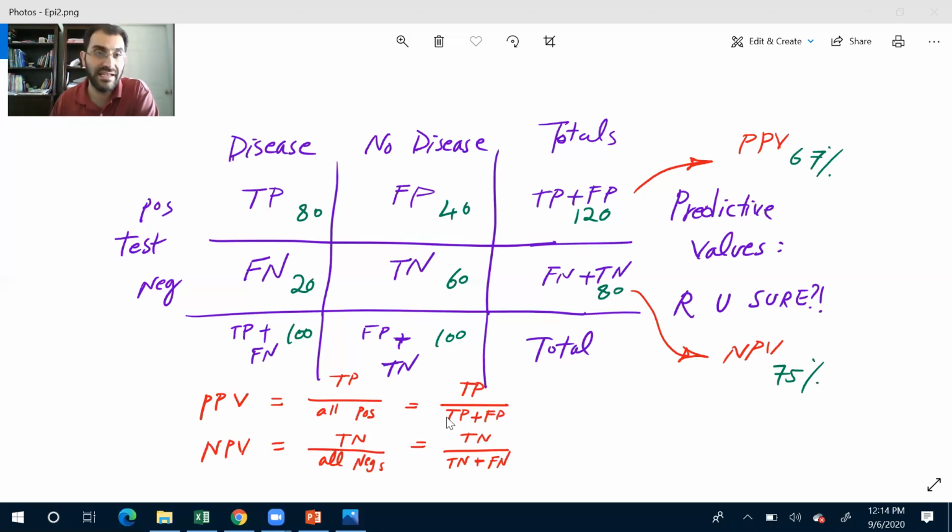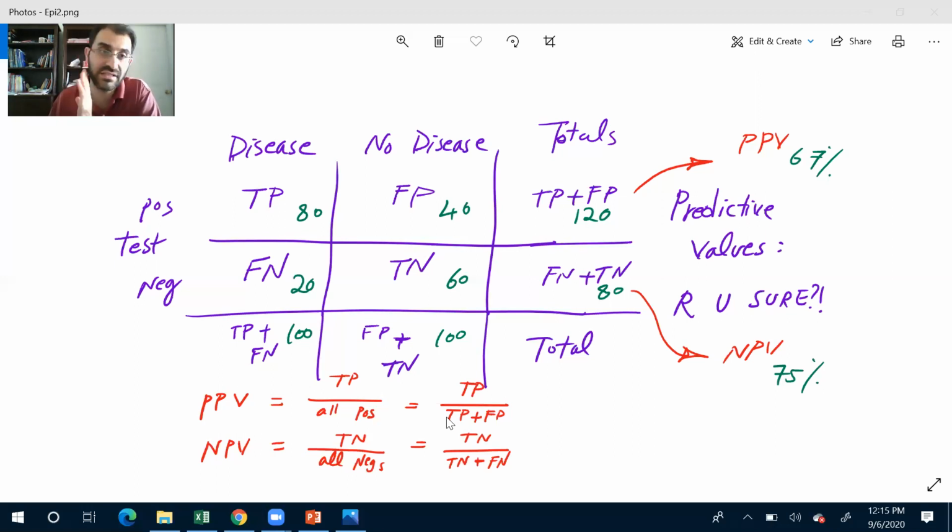Positive and negative predictive value is the answer to the patient's question. Are you sure? How sure you are about a positive test, it's called positive predictive value. How sure you are about a negative test, it's called negative predictive value. Positive predictive value starts with a positive test.